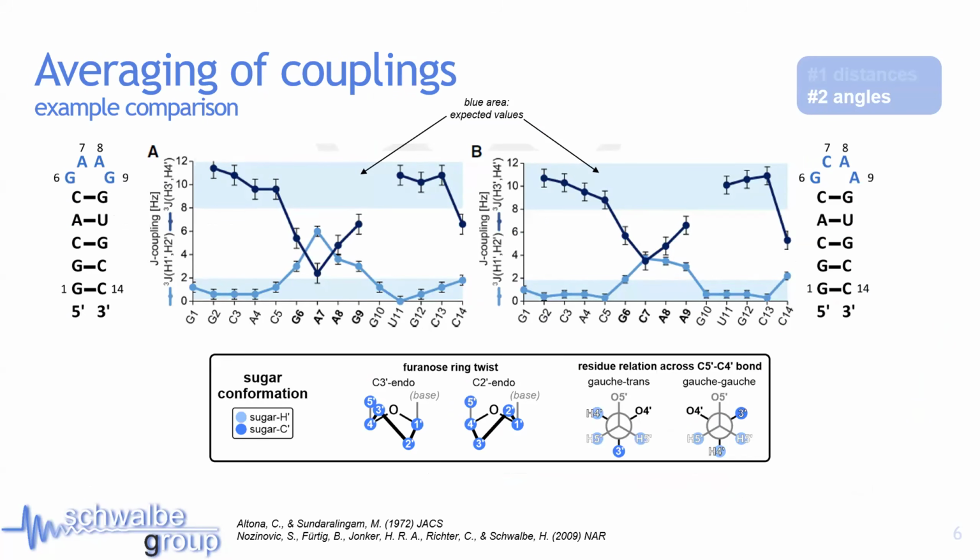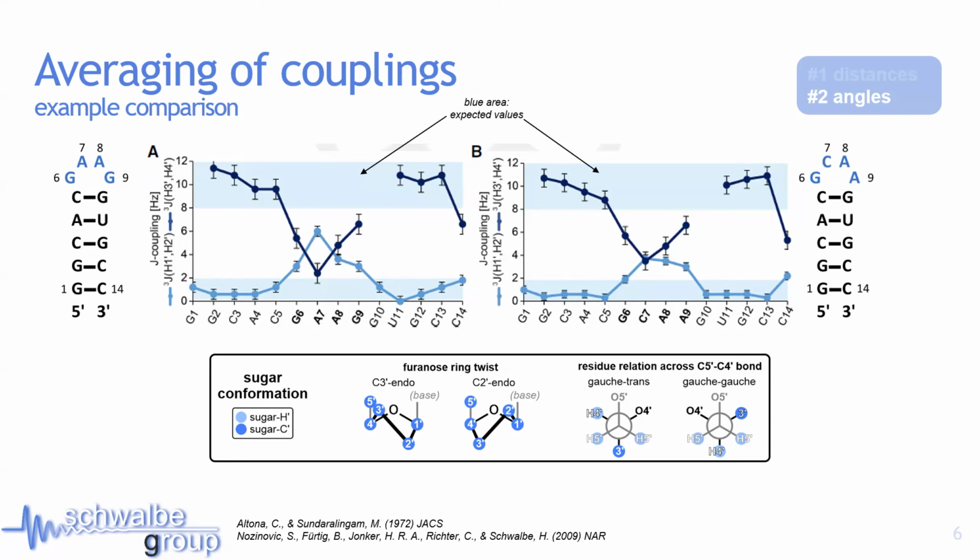Normally we would expect for both C3' endo and C2' endo that the 3J H couplings are in these blue regions up here, so they would just flip if we change from one conformation to the other. But now you see for these two examples I've brought here, they're in neither of these regions. So we know just from measuring those couplings that we have an averaging of at least two conformations for these examples.